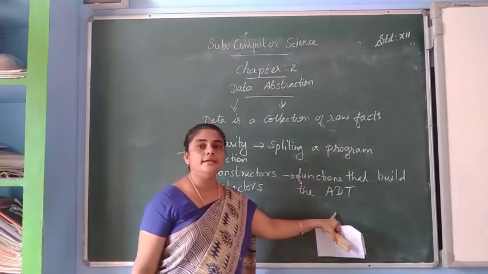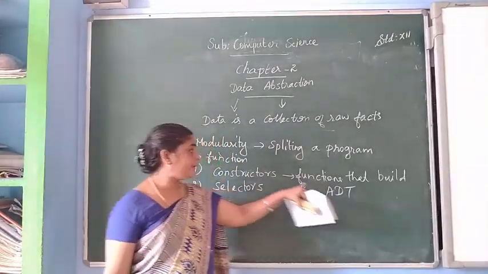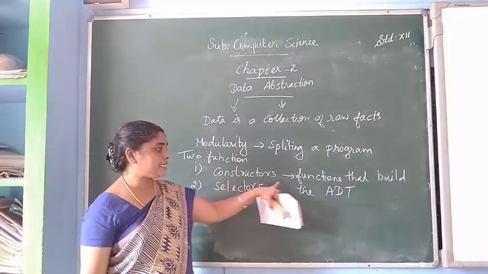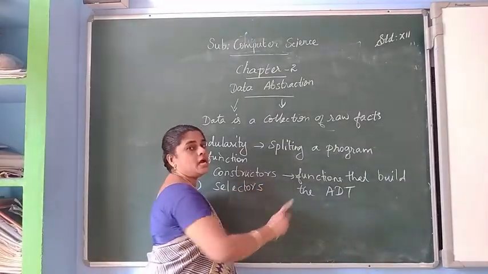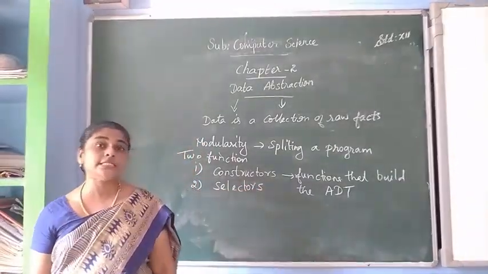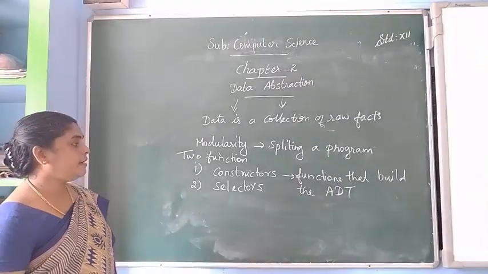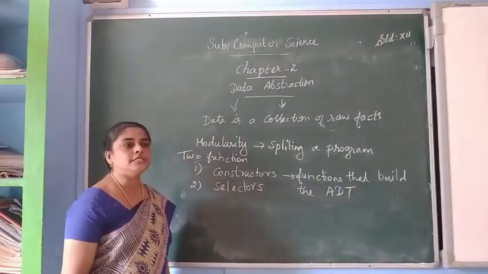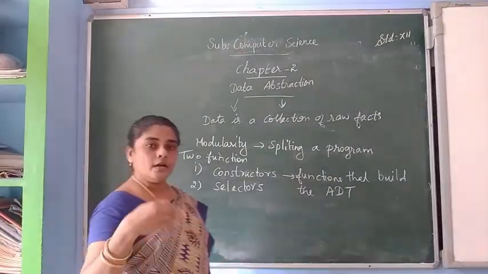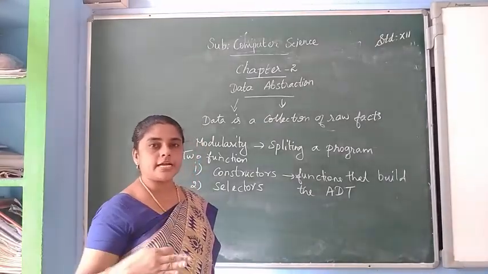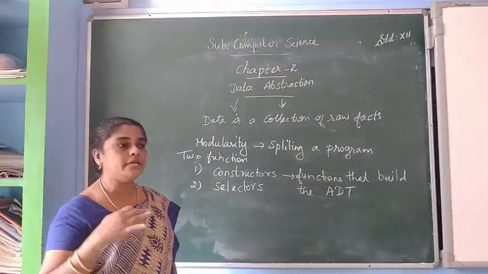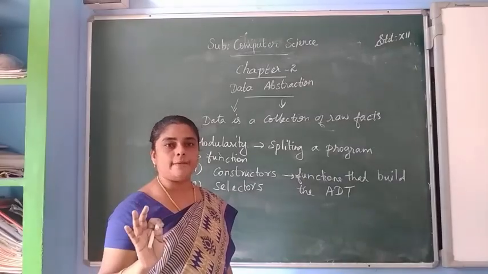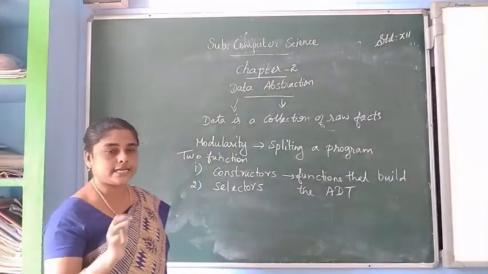What is ADT? Abstract data type. Functions that build the abstract data type are known as constructors. Normally, construct means if we are going to build a house, we say we are constructing a house. That means we are going to write a program. That is constructor.